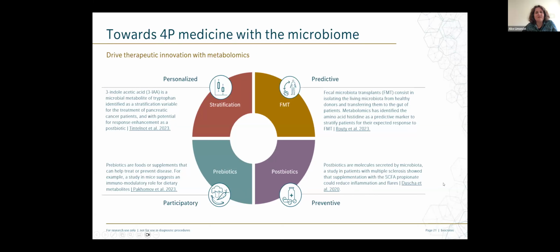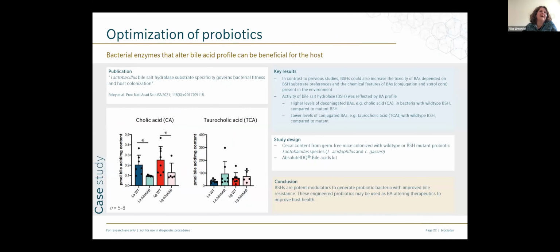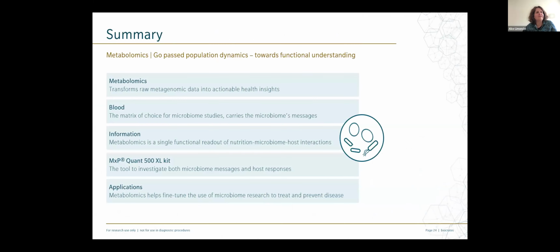So there was a study a couple of years ago where multiple sclerosis patients were given a supplementation with propionic acid. And this really helped reduce inflammation and the flares in this multiple sclerosis group. And so this would bring me to the question, can we really improve our health by chewing our food more? Because this was the one that increased the propionic acid synthesis. I will skip this one and get directly to the summary.